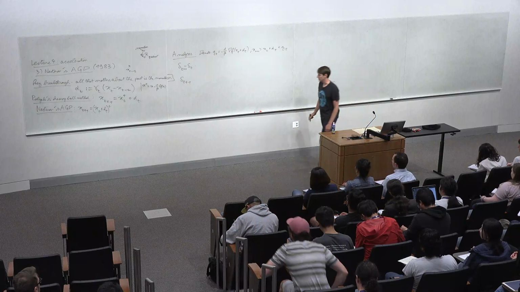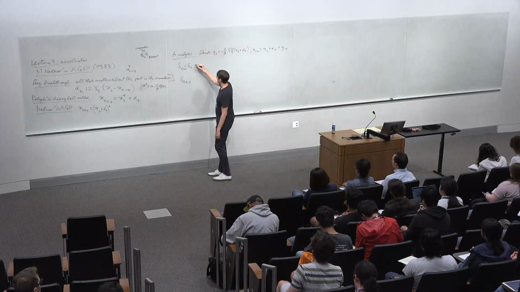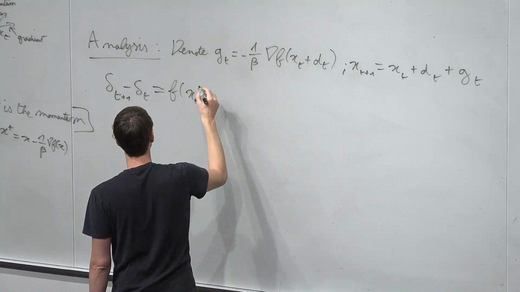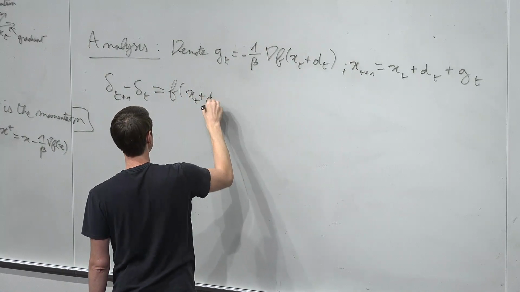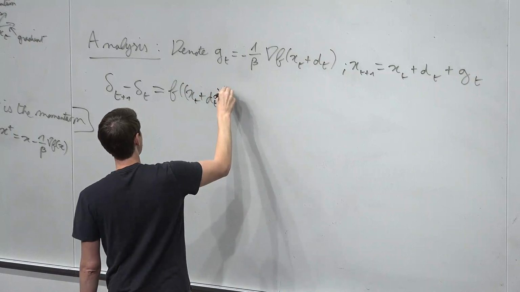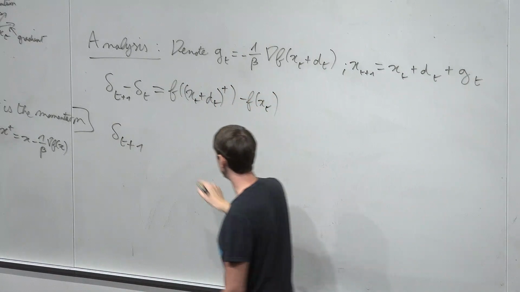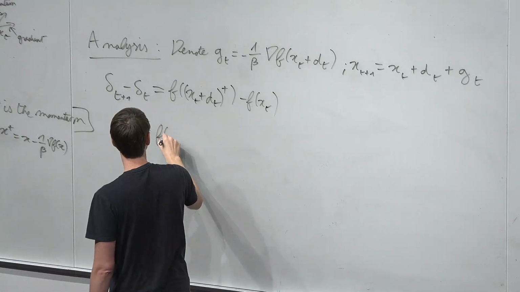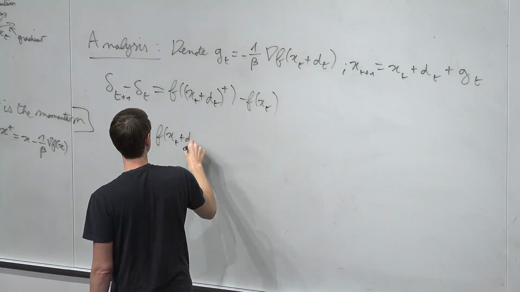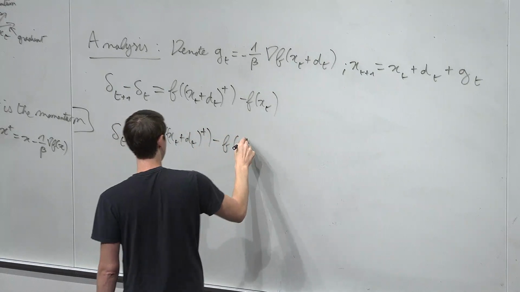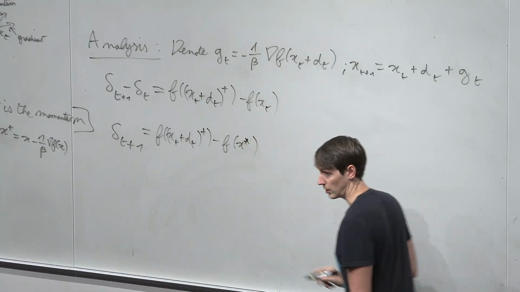So what is this? This is f of x_t plus d_t plus minus f of x_t, and this one is f of x_t plus d_t plus minus f of x star. These are the two things that I want to bound.